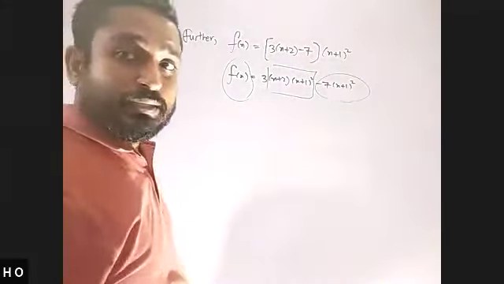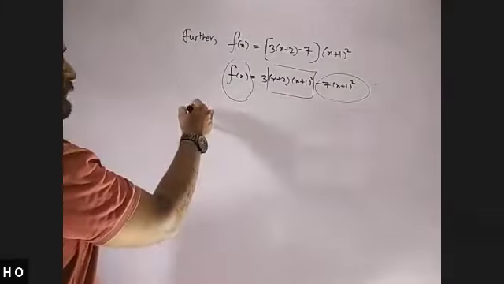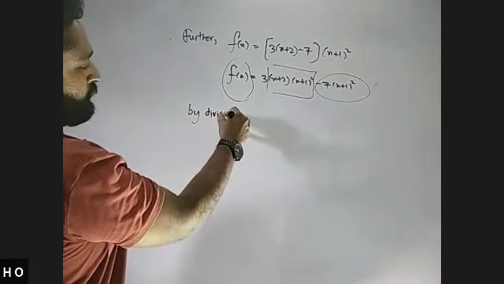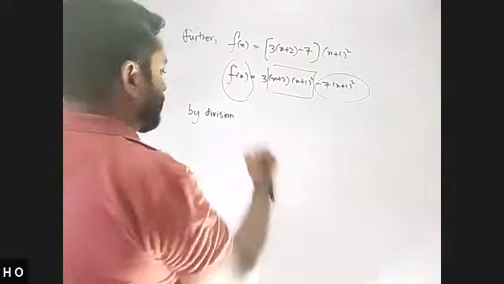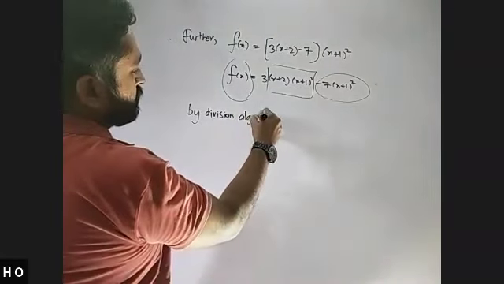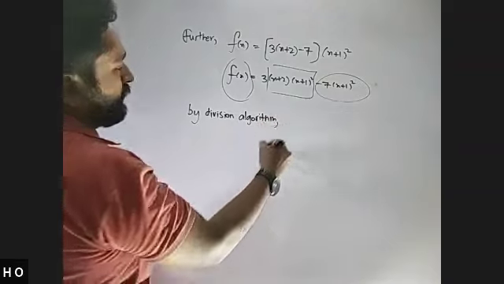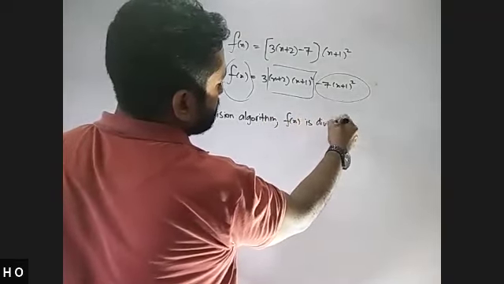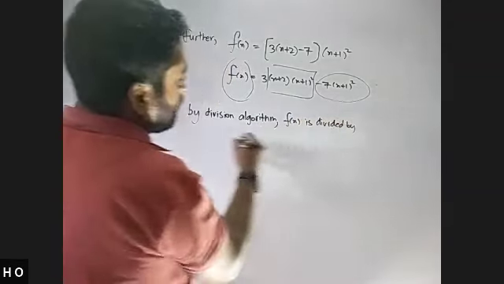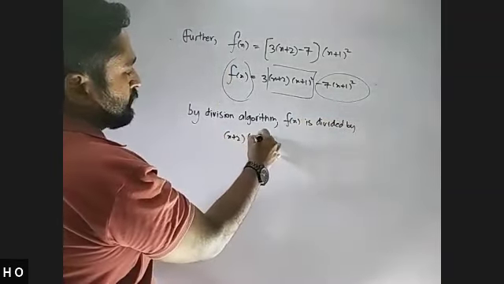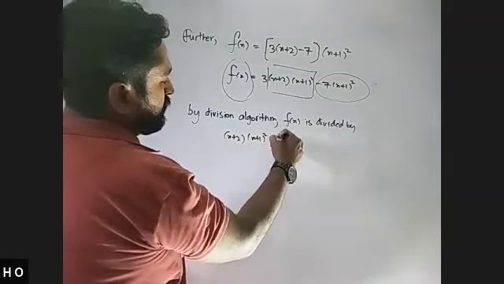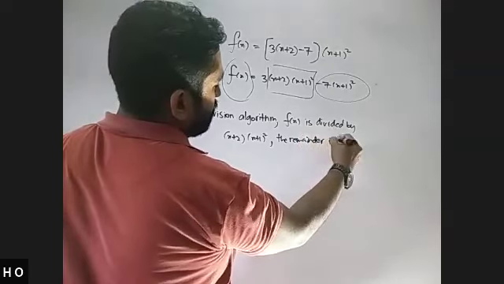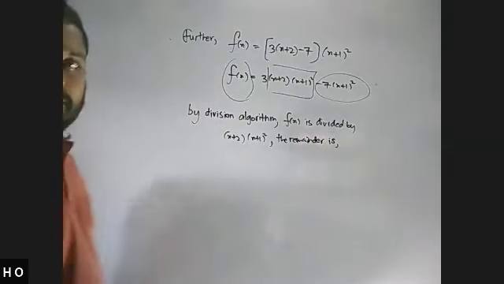That is the division algorithm, so by division algorithm, using what you observe, you have to mention: f(x) is divided by (x plus 2)(x plus 1) squared, the quotient is 3, and the remainder is minus 7(x plus 1) squared.